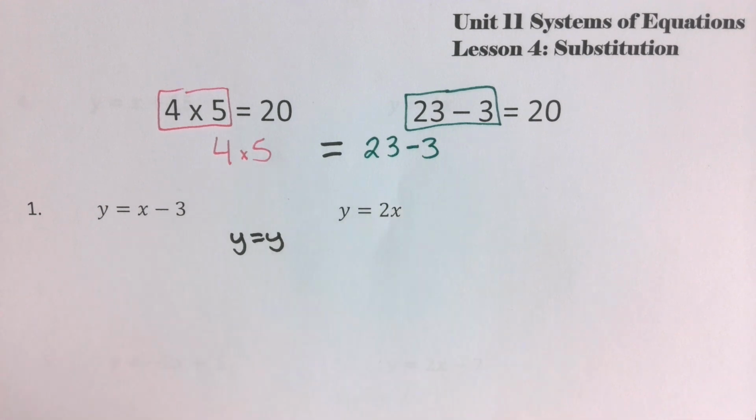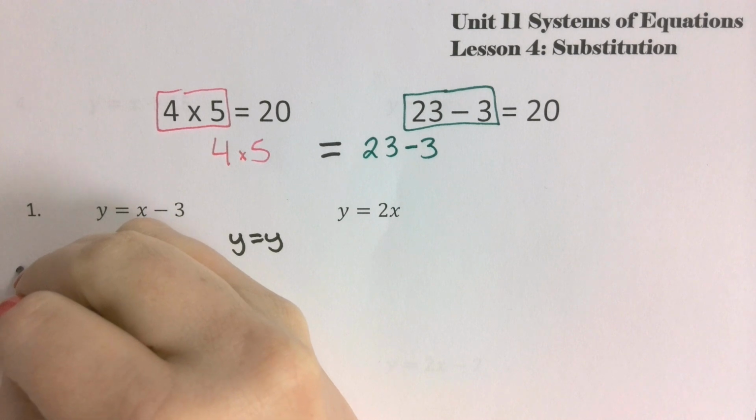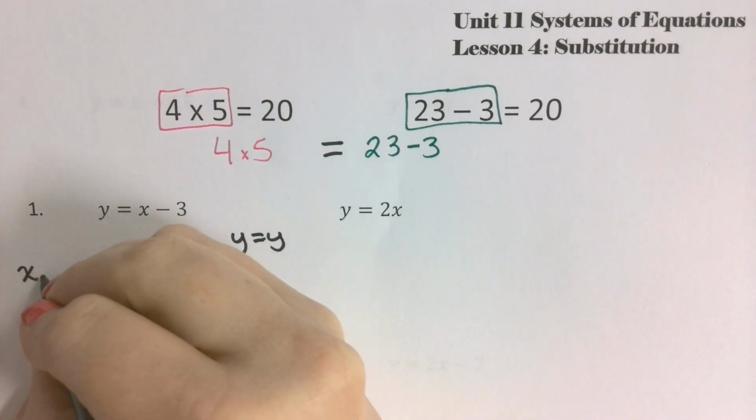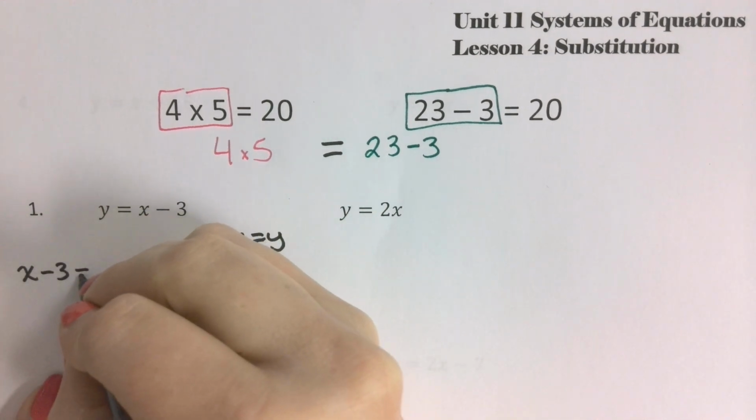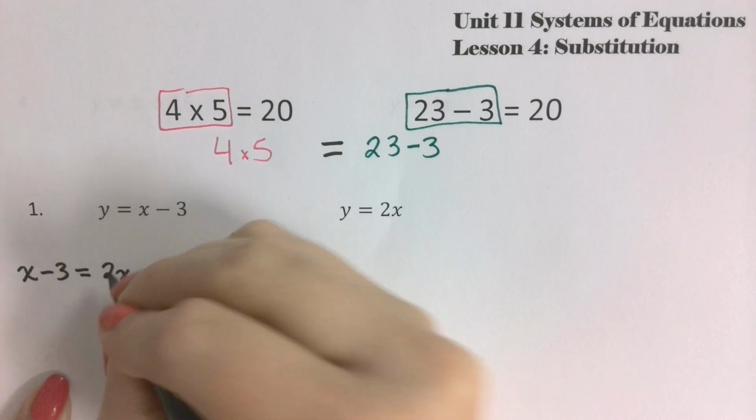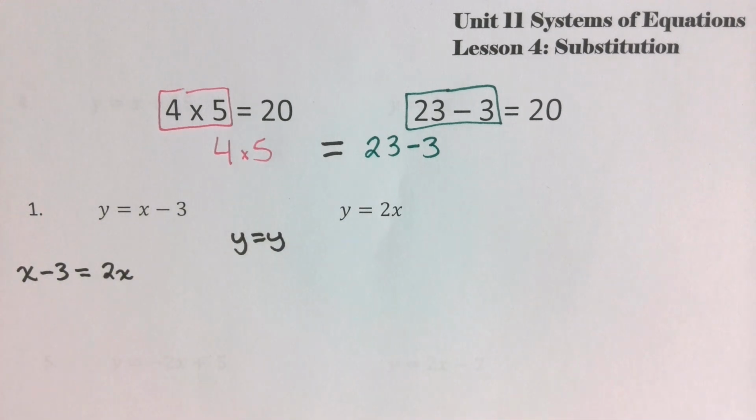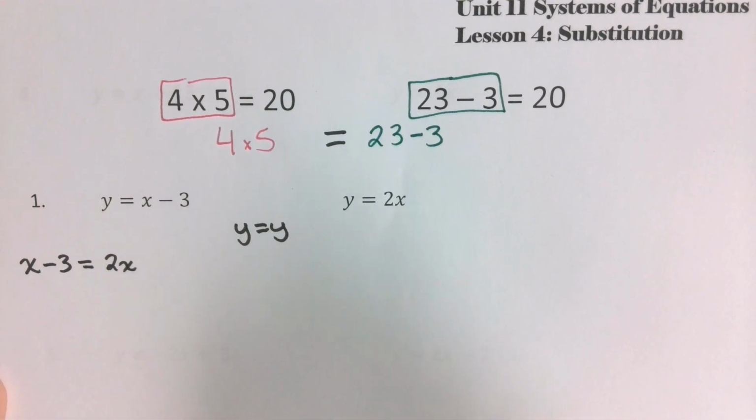So what I'm going to do is set this up in terms of just my x values. This is my first step. I'm going to set it up as x minus 3 is equal to 2x. Now, the first thing I want to do is focus on getting my x over to just one side.